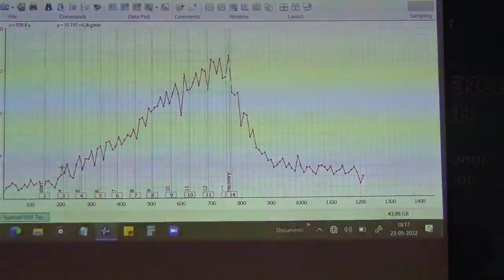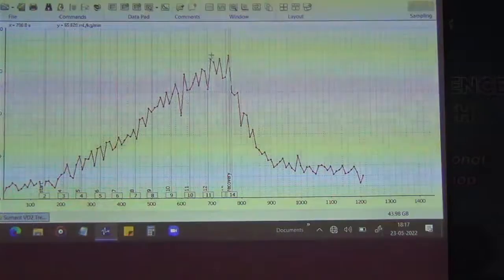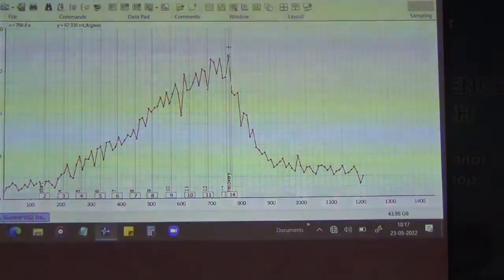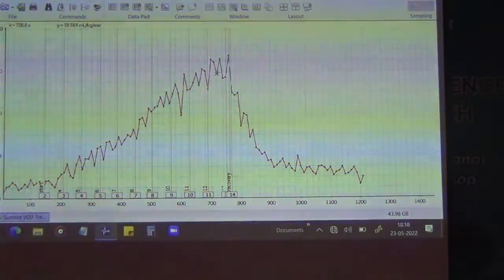Wherever I take the cursor, it shows the value. As the exercise increases, this is the speed of the treadmill, the value increased, and the peak is around 67 point something ml per kg per minute. You can also see the recovery rates. So you can get this kind of quality data.